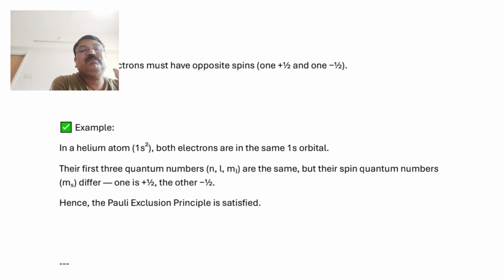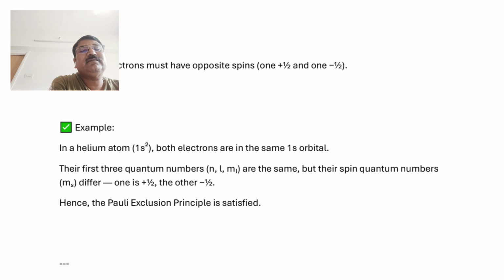See carefully. 2 electrons, 4 quantum numbers. The principal quantum number explains energy level, and for both electrons it is the first energy level, n. The azimuthal quantum number explains the shape of the orbital, starting from s, p, d, f.